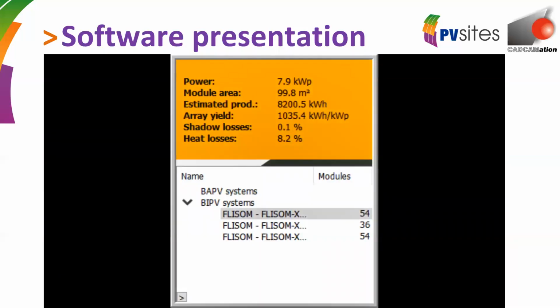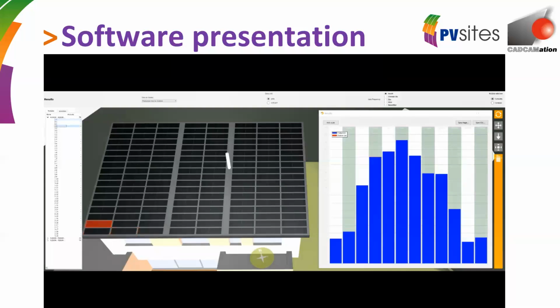You also get global KPIs, main KPIs for PV production at array level, and you can analyze every mismatching effect before inverter production, so you can anticipate and avoid the issues, of course. And you can start to talk with the engineers and build the balance of system for your BIPV solution.